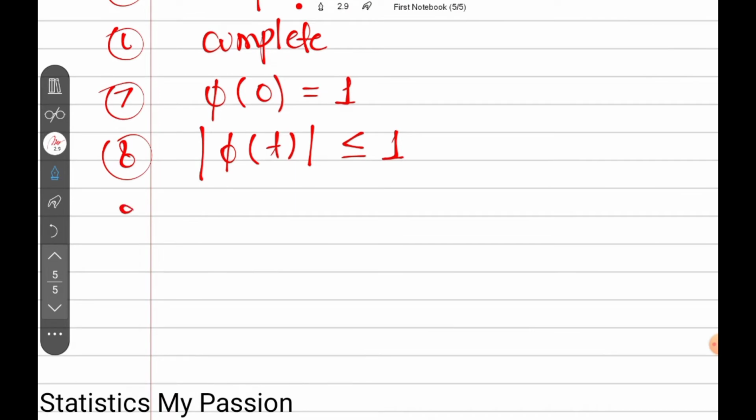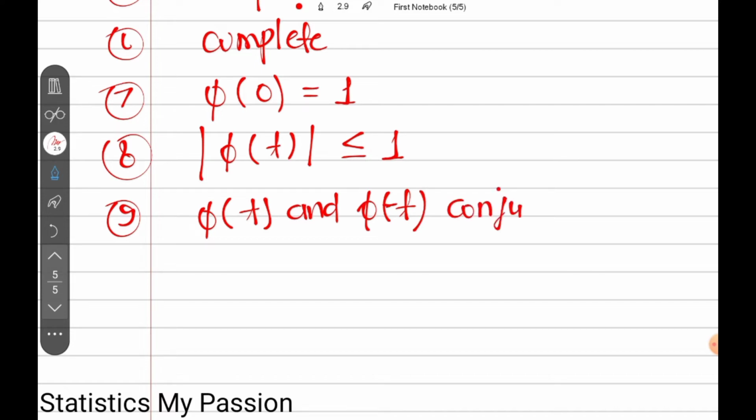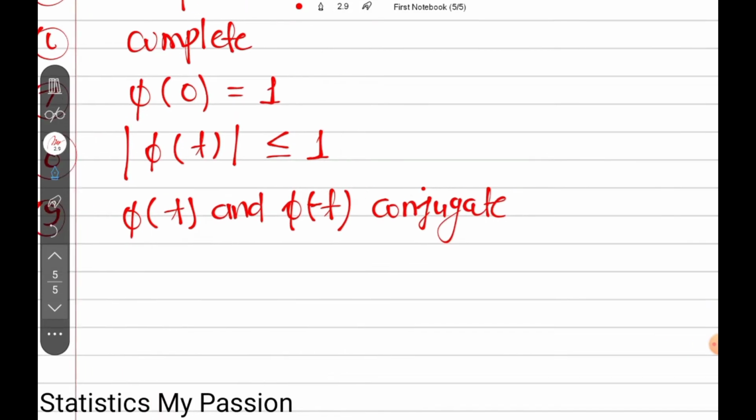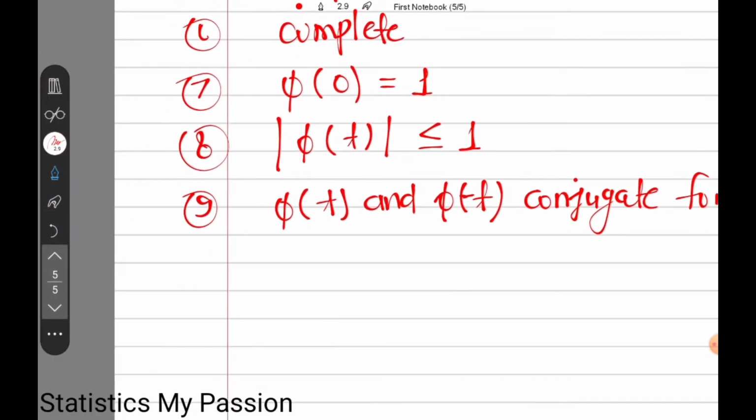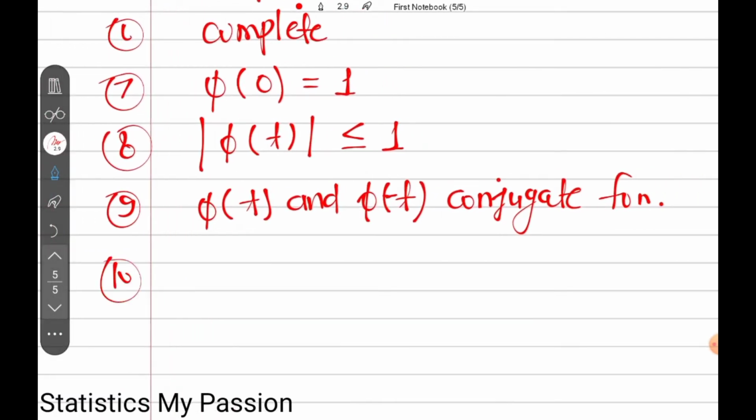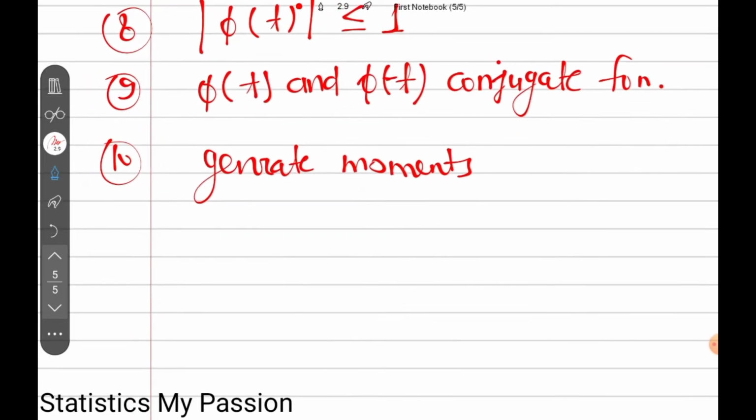And the ninth point is that it is a conjugate function: phi(t) and phi(minus t) are conjugates. The tenth point is that it is able to generate moments.